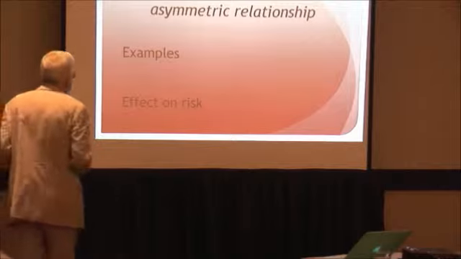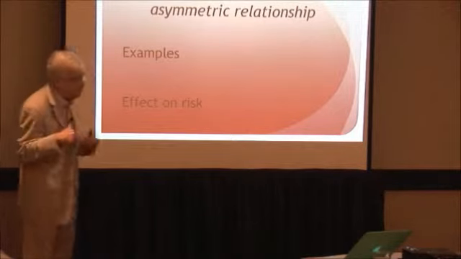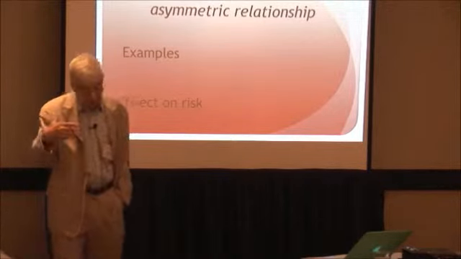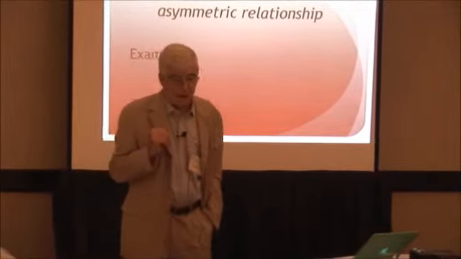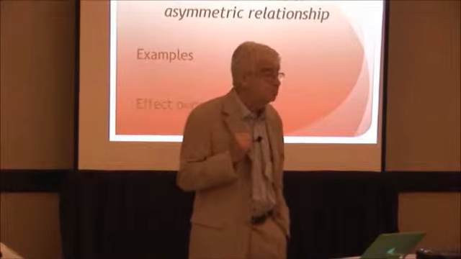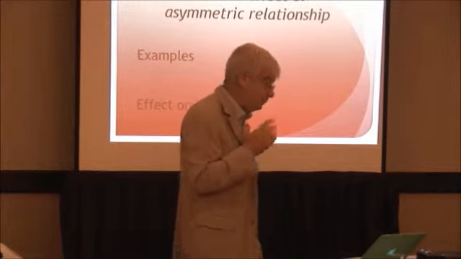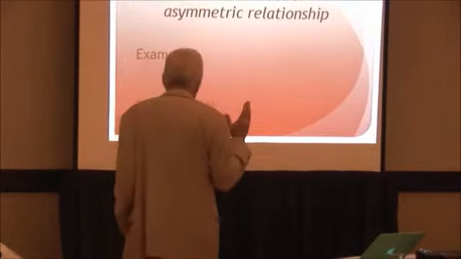Okay, given that kind of example, to say a little bit what an asymmetric relationship is, now we go to the question: how does this asymmetric relationship, which is also a one-to-one relationship, affect risk? And that's an open question. I don't have too much on that.